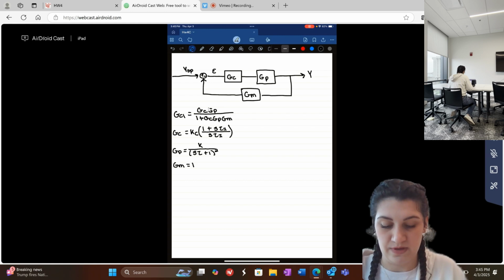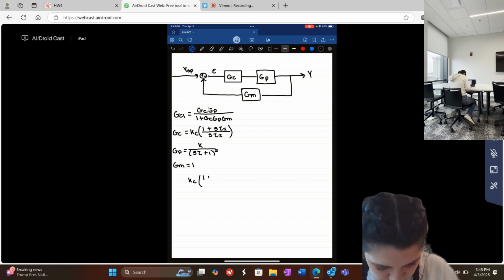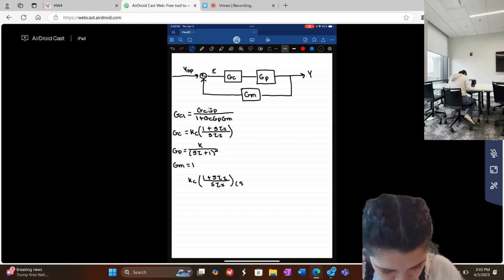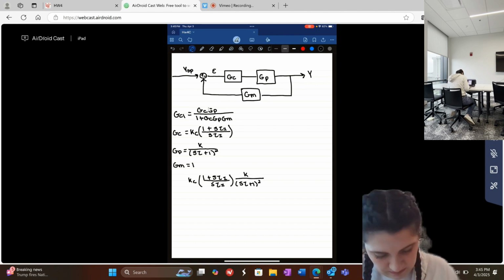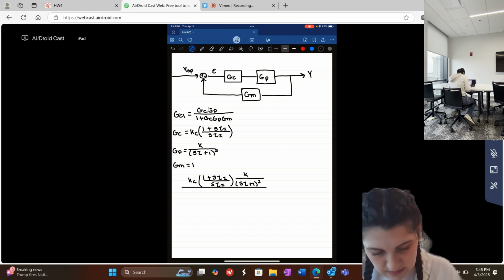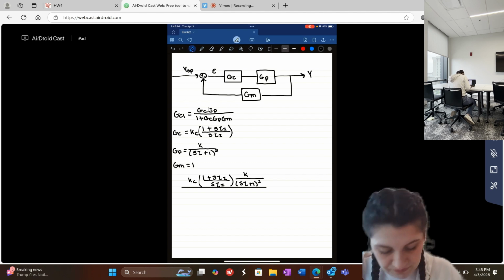So we can plug all of these into our closed loop function, which gives us KC times 1 plus S tau I over S tau I times S tau plus 1 squared times K, and that's just the numerator. In the denominator, we are going to have the same thing, but plus 1.